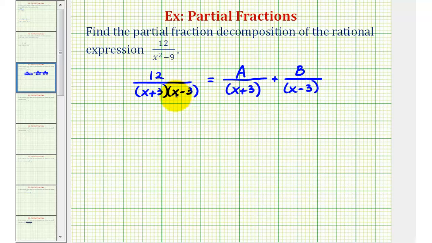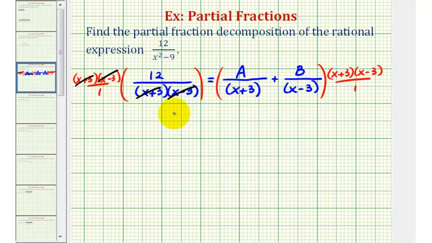So to solve this equation, we're going to clear the fractions by multiplying both sides of the equation by the least common denominator, which would be the quantity x plus 3 times the quantity x minus 3. Notice on the left side, when we multiply, x plus 3 over x plus 3 simplifies to 1, and so does x minus 3 over x minus 3.